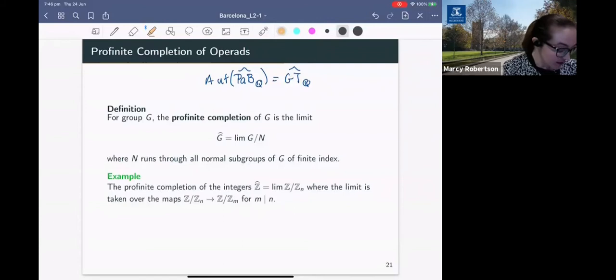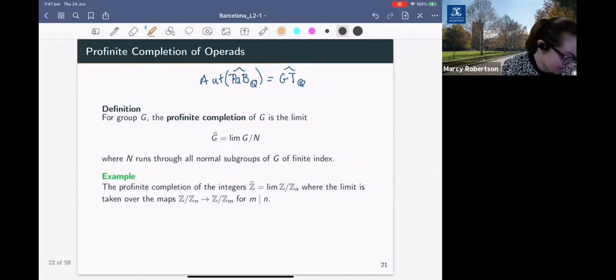So for a discrete group G, right, the profinite completion is just the limit over all of its finite index quotients by normal subgroups. So I probably could have come up with a more original example, but the first example that comes to mind, right, the profinite completion of the integers is the limit over all these quotients Z mod n, where your maps go from Z mod n to Z mod m whenever m divides n.